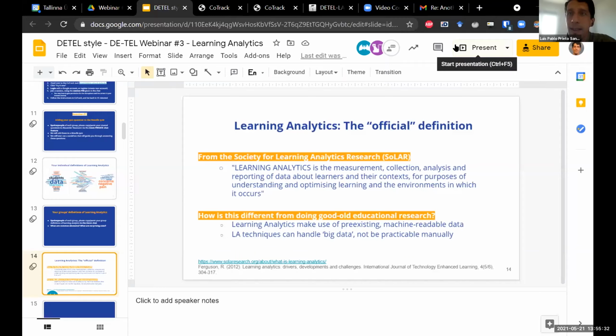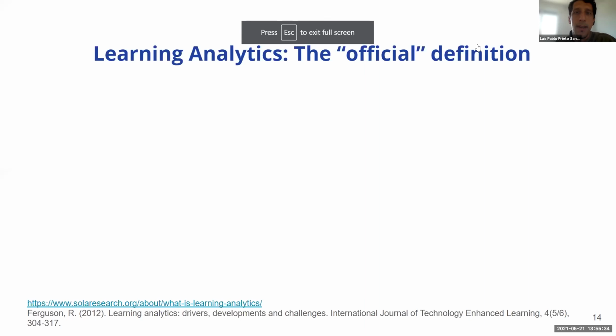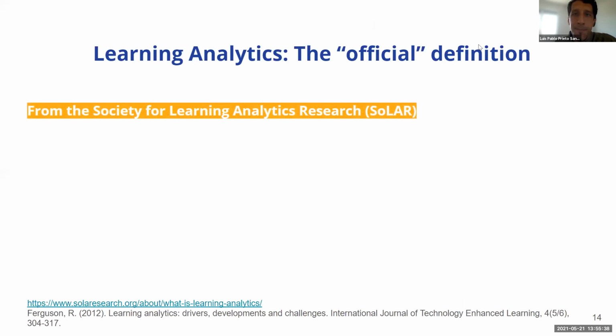And I think you covered most of the elements of the official definition, which I will show right now, and which some of you already provided in the initial assignment. At least some of you know this definition already, and you could have pasted it. This is given by the Society for Learning Analytics Research, or SoLAR, which is the main scholarly society in this field.